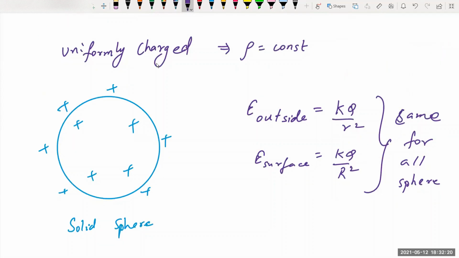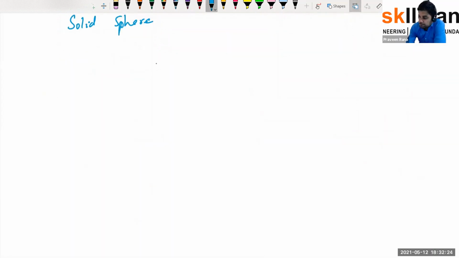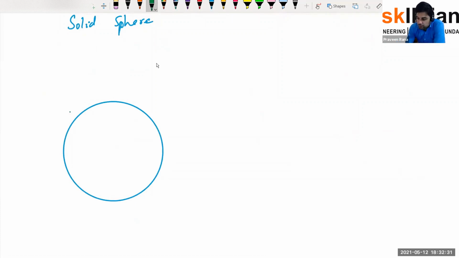Now, let's say we have a sphere which is uniformly charged to Q, and the radius of the complete sphere is capital R. Can you tell me the value of density in terms of Q and R?